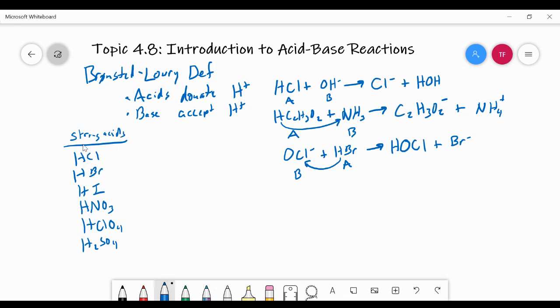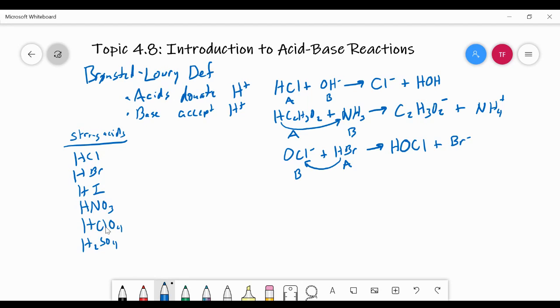In other words, they will ionize 100%. Every single molecule of HCl will lose its hydrogen ion when it's placed in water. Every single hydrobromic acid molecule will lose its hydrogen ion when placed in water. And these are strong because of that 100% ionization.